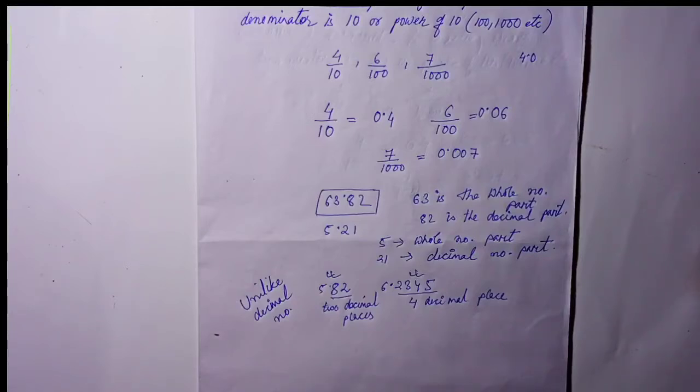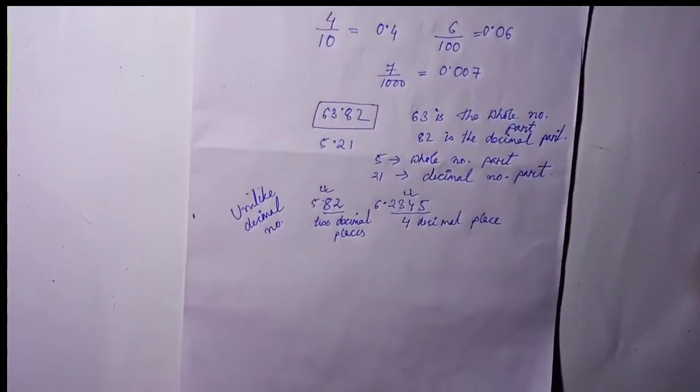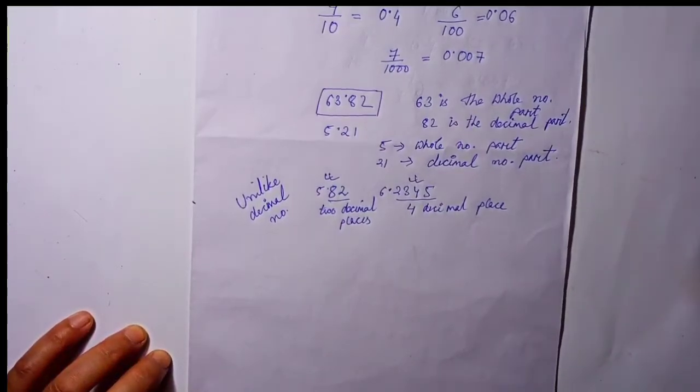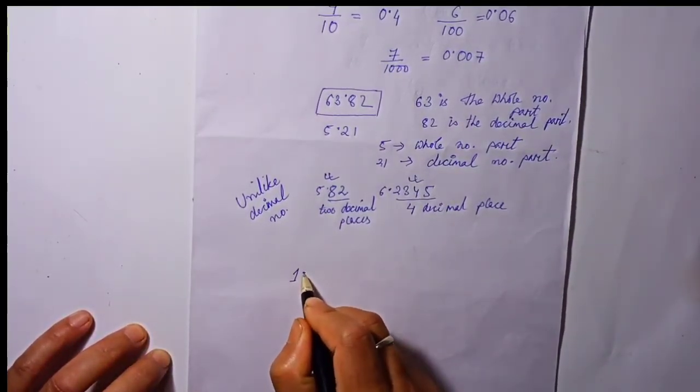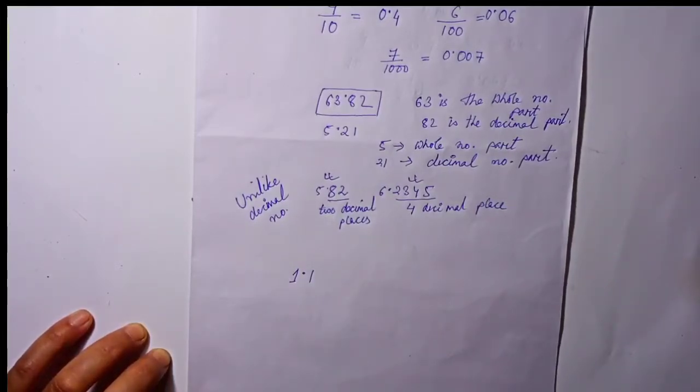If we add 0 to the last part of the decimal of a given number, the value does not change. Like, I have a number 1.1.